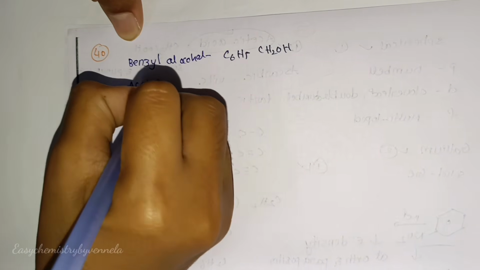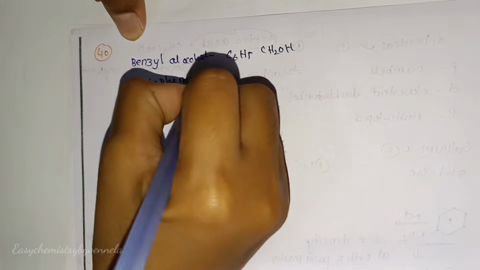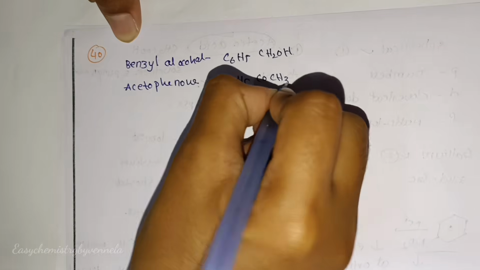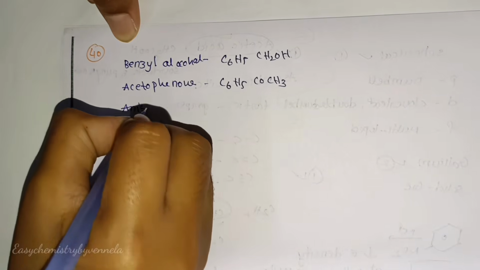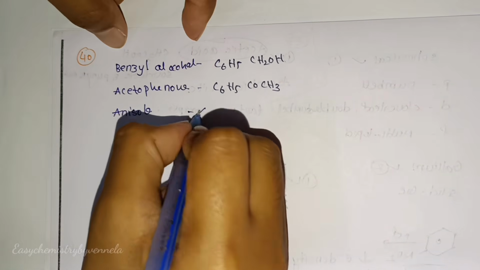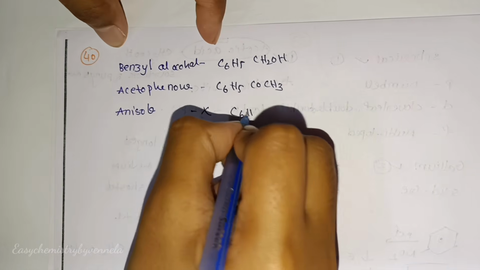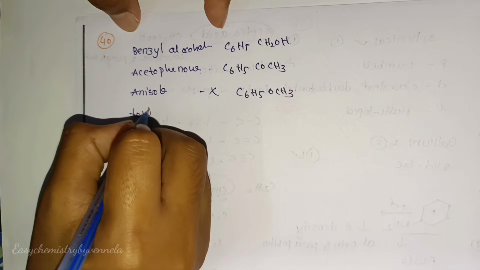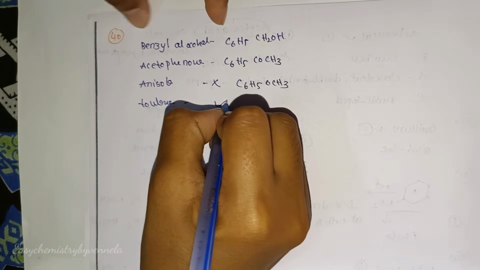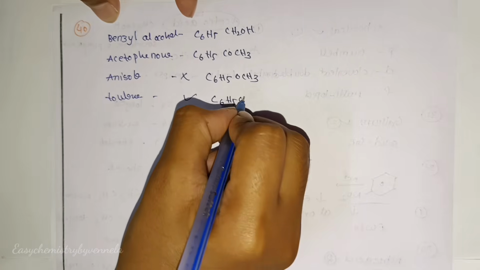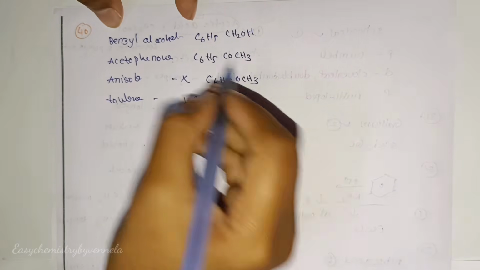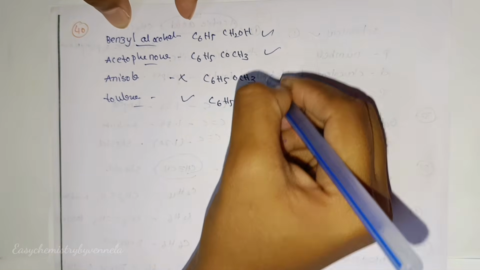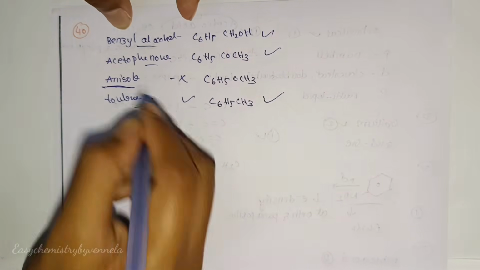Next, acetophenone, that is C6H5COCH3. Anisole, which does not give, that is C6H5OCH3. Toluene will give, C6H5CH3. These are the formulas. Here benzyl alcohol, acetophenone, toluene will give, but not anisole.